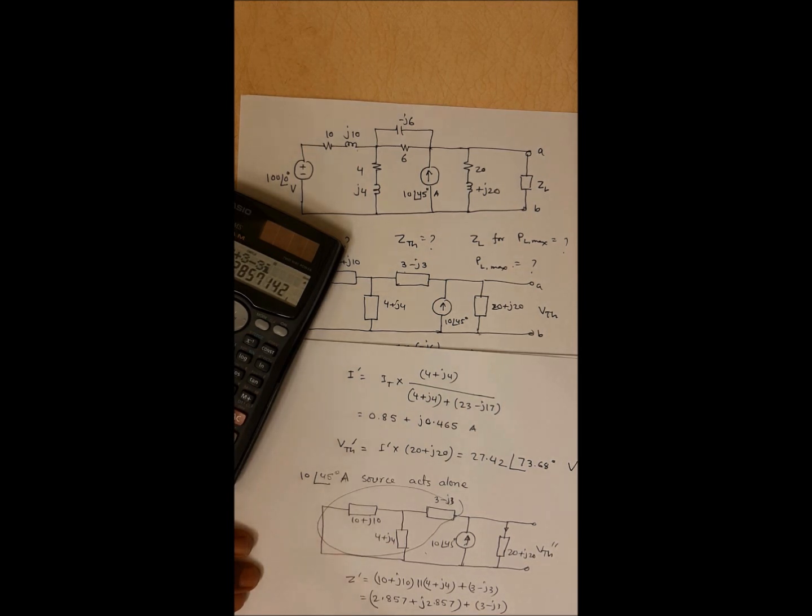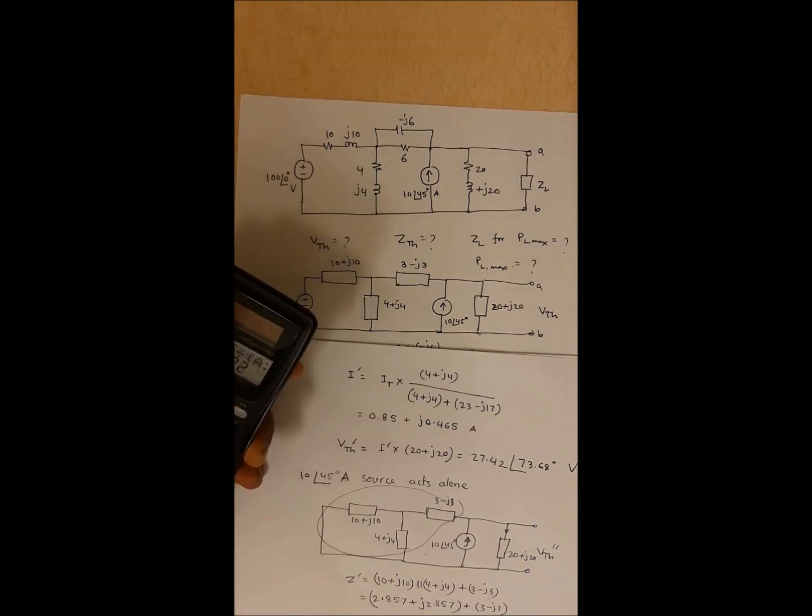The current over here will be the total current 10 angle 45 times the opposite branch, 5.857 minus J0.143, divided by the sum of these two branches, 5.857 minus J0.143 plus 20 plus J20.